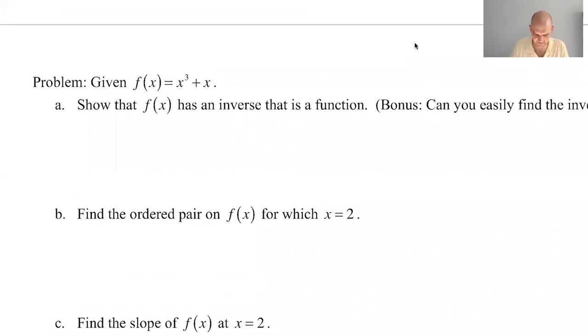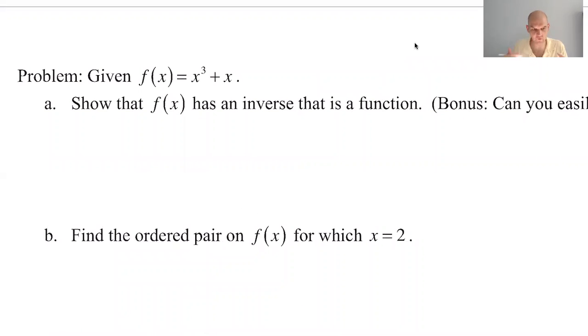So we want to show that f of x has an inverse that is a function. There's an easy-ish way to do this. I'm going to think about what property a function that has an inverse has to have. I'm going to draw a function that definitely has an inverse, and another function that definitely has an inverse.